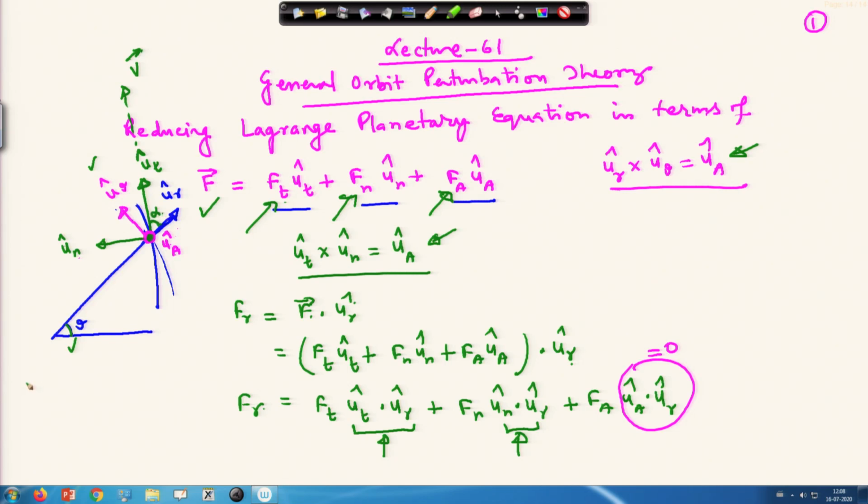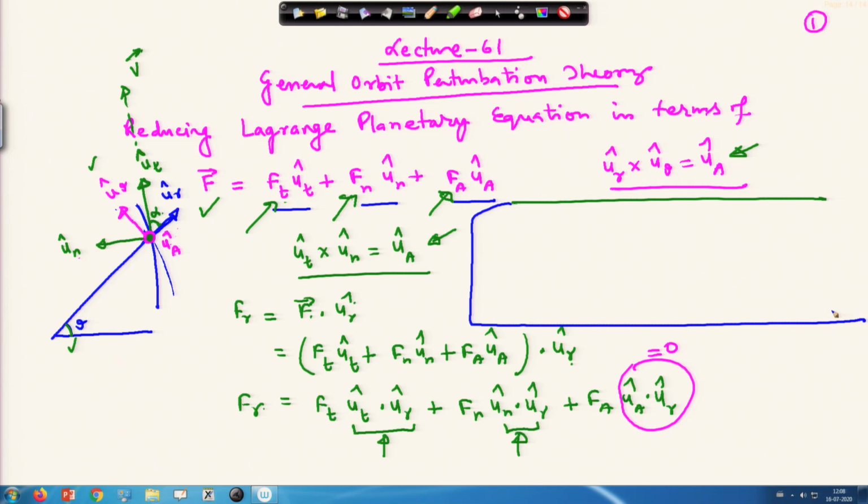Then u r cap dot u t cap will be equal to the u r cap magnitude, u t cap magnitude, times cos alpha.